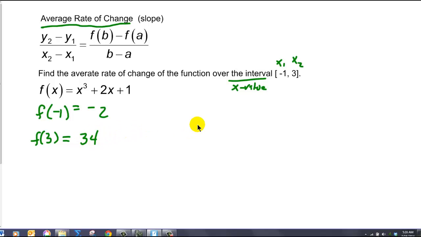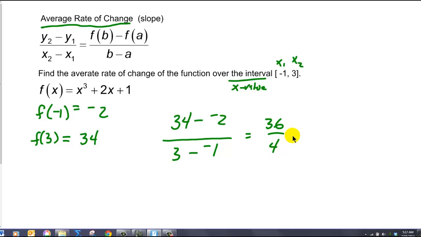So if I want the average rate of change, I take f of b, which in this case is 34, minus f of a, which is -2, over b, which is 3, minus a, which is -1, giving me 36 over 4, which ends up being 9, and that's my average rate of change.